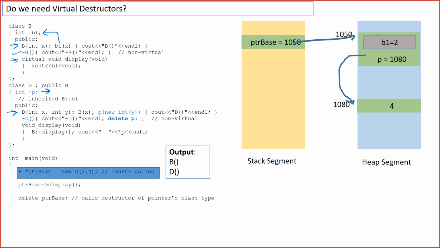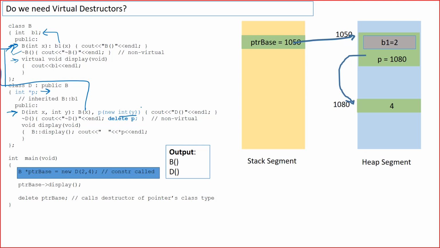It is the responsibility of the derived class constructor to construct the base class, so this x goes to the base constructor and initializes B1. And for P we have created a new variable y.